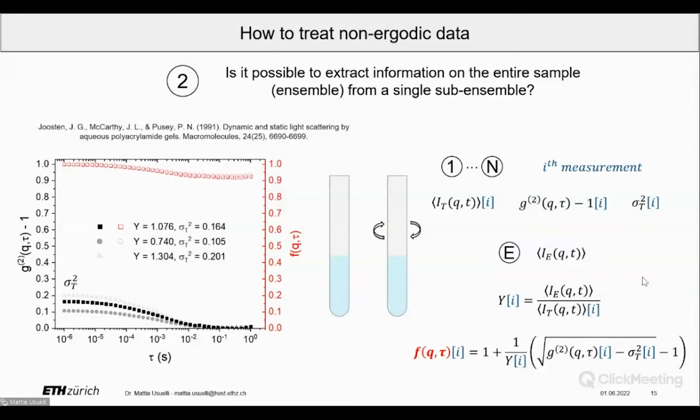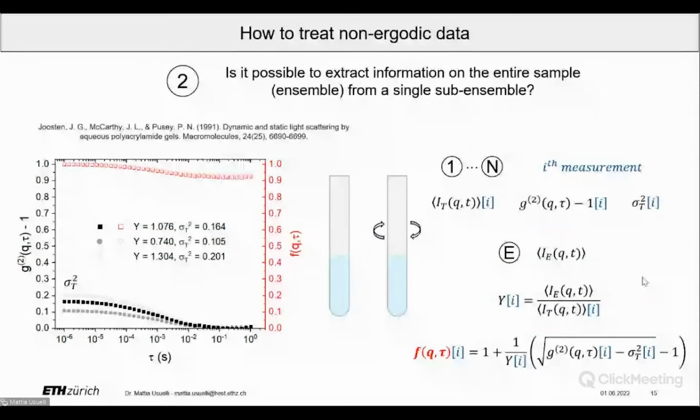Afterwards, I can use this quantity as a parameter together with the reduced intercept to correct the time averaged intensity correlation function that I collected in the first n measurements. I correct each of them using the same protocol.